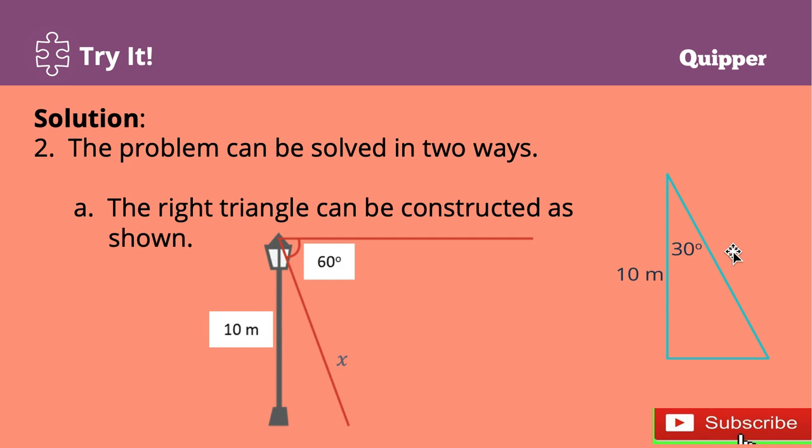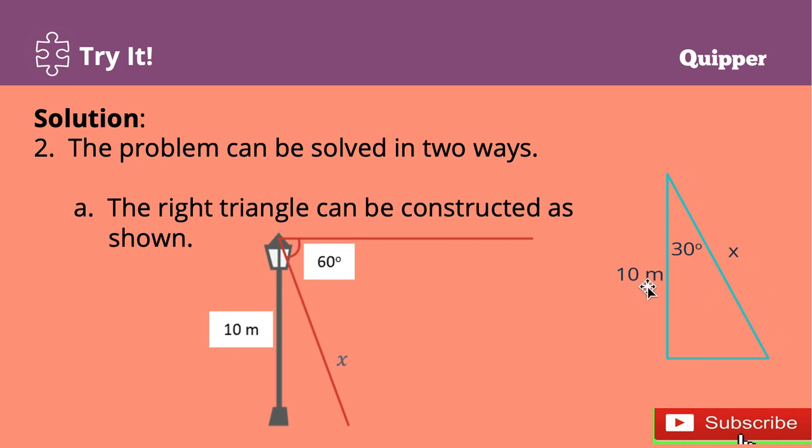Now we are going to identify what trigonometric ratio we are going to use to solve this problem. This is our viewpoint, or the angle of focus. This side here is the adjacent side, and the longest side is the hypotenuse.